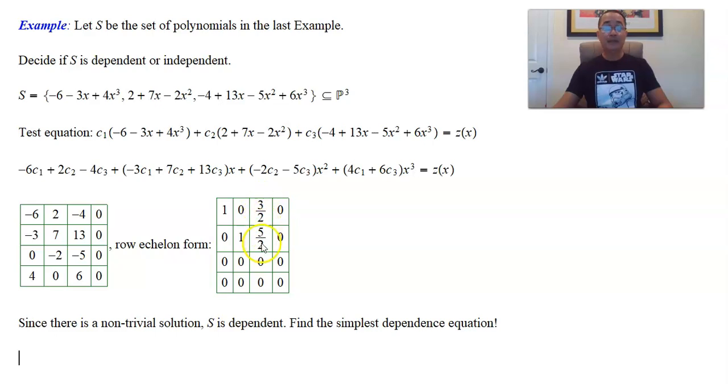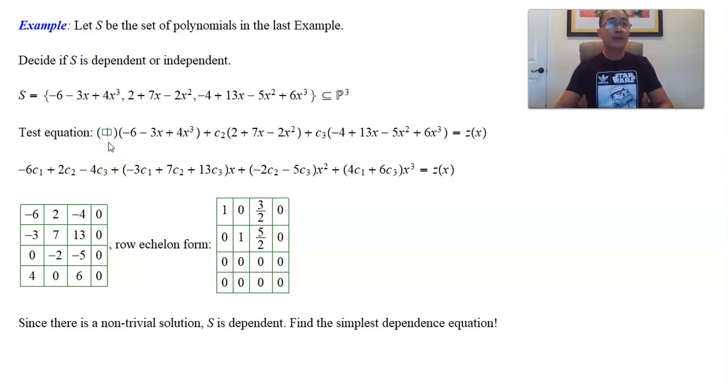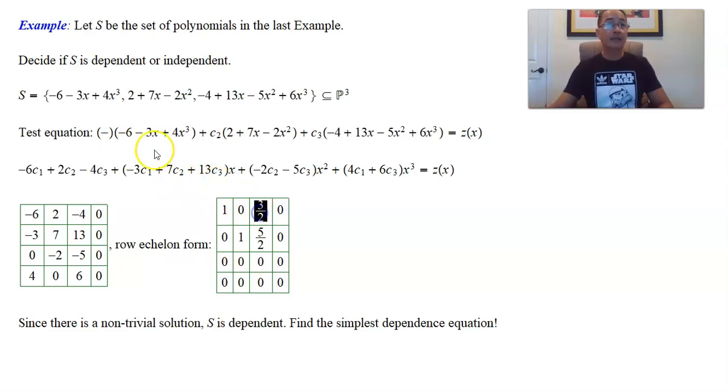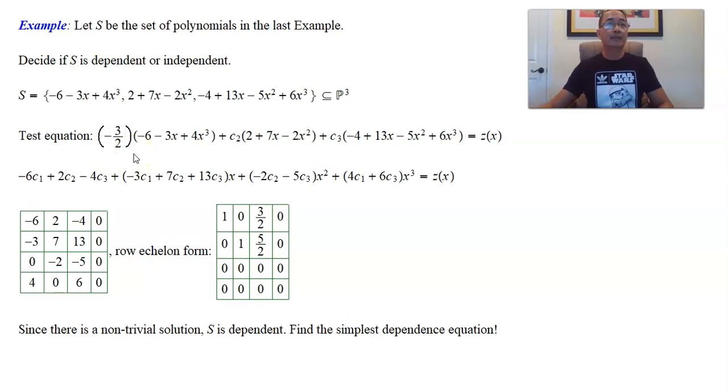So make x3, or c3 in this case, my apologies, to be 1, not 0, and then solve for c1 and c2. So c1 will be negative 3 halves. Let's just do it there. Multiply the first polynomial by negative 3 halves, the second by negative 5 halves.